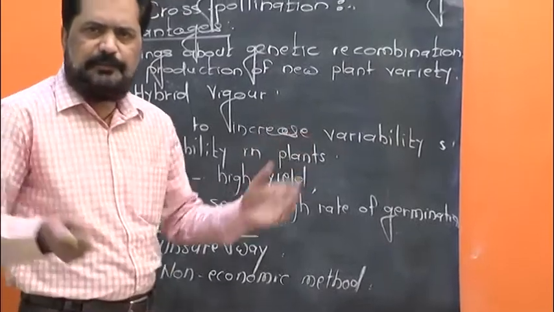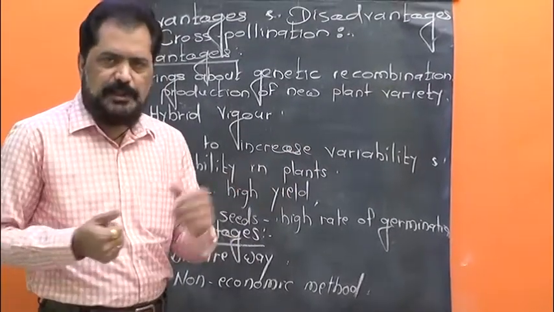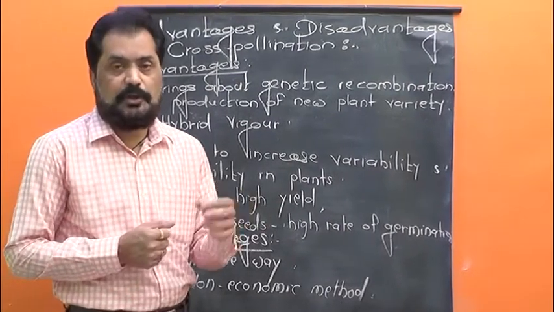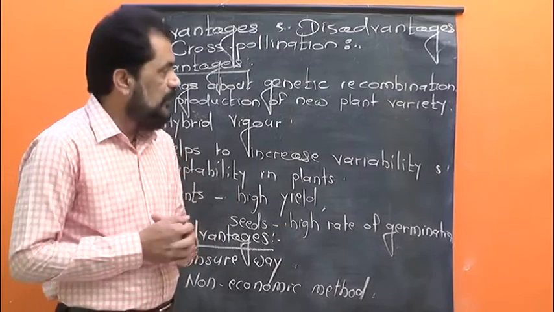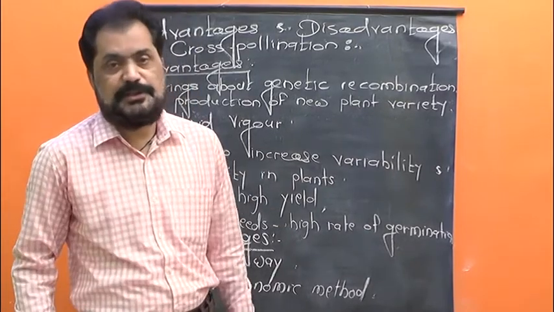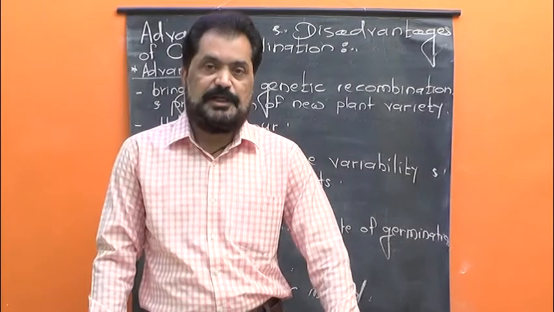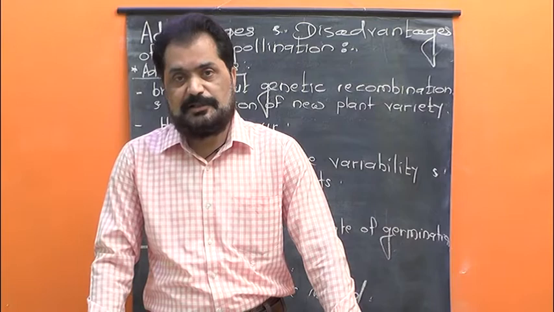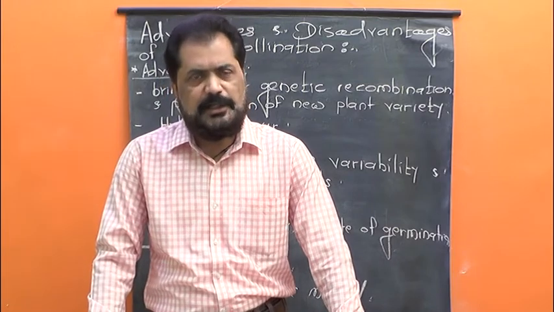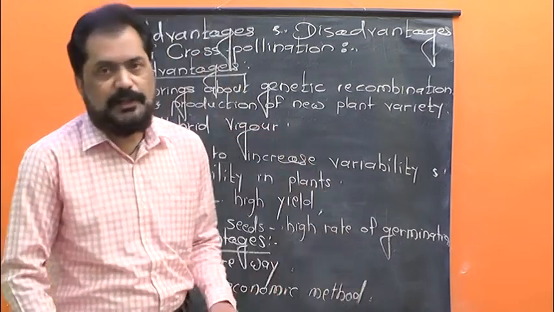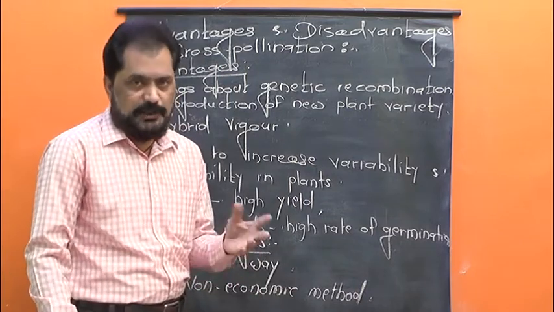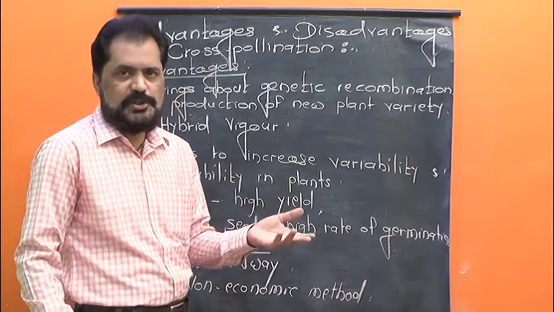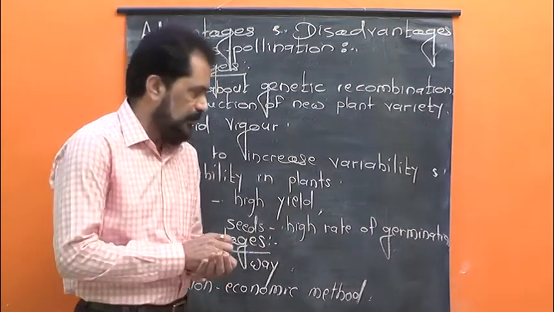We have already studied in detail, and I said just now that for cross pollination, especially for Entomophily, Ornithophily, Chiropterophily, the flowers have to produce different devices such as large brightly colored flowers, nectar, fragrance, large number of pollen grains, etc. And for that purpose it requires expenditure of energy. So definitely it is a non-economic method. Cross pollination is a non-economic method.